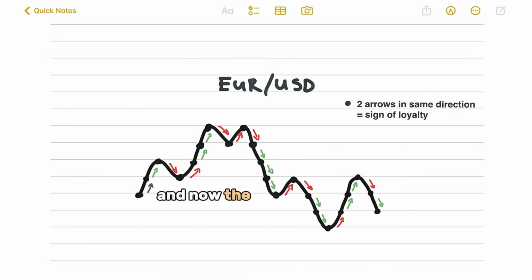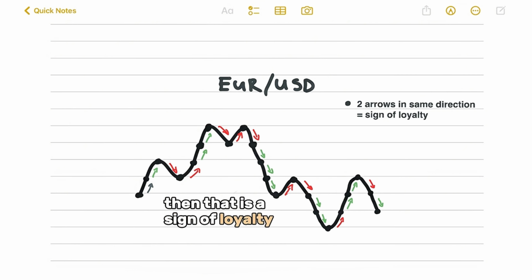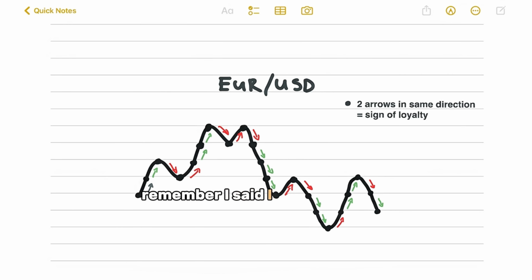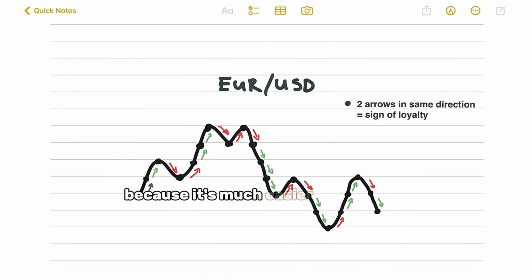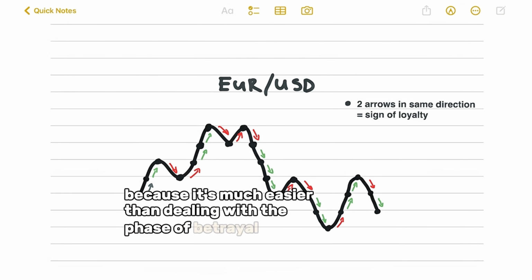And now the fun part. To form the strategy, we need a basis. So we can say, if we see two arrows in the same direction, then that is a sign of loyalty. Remember, I said I like to base my strategies off of the loyalty phase because it's much easier than dealing with the phase of betrayal.